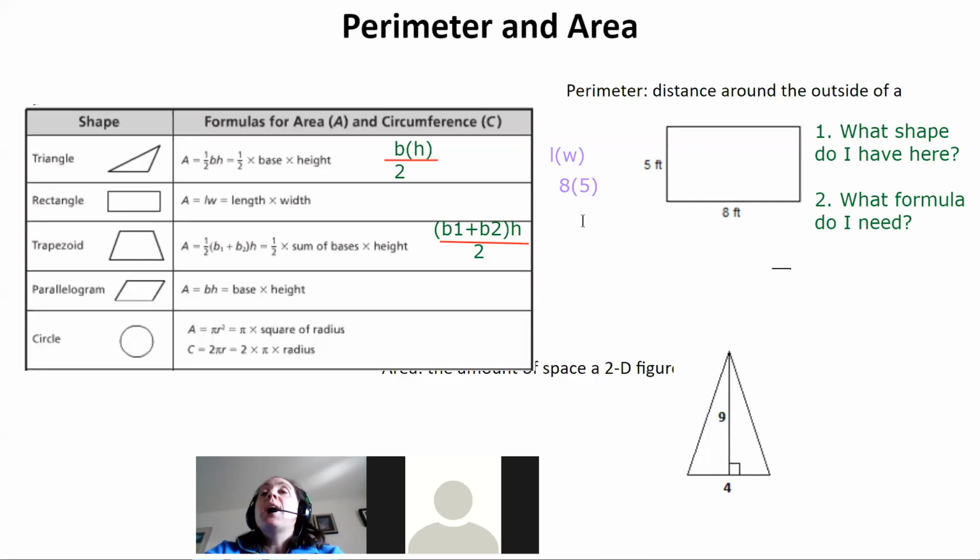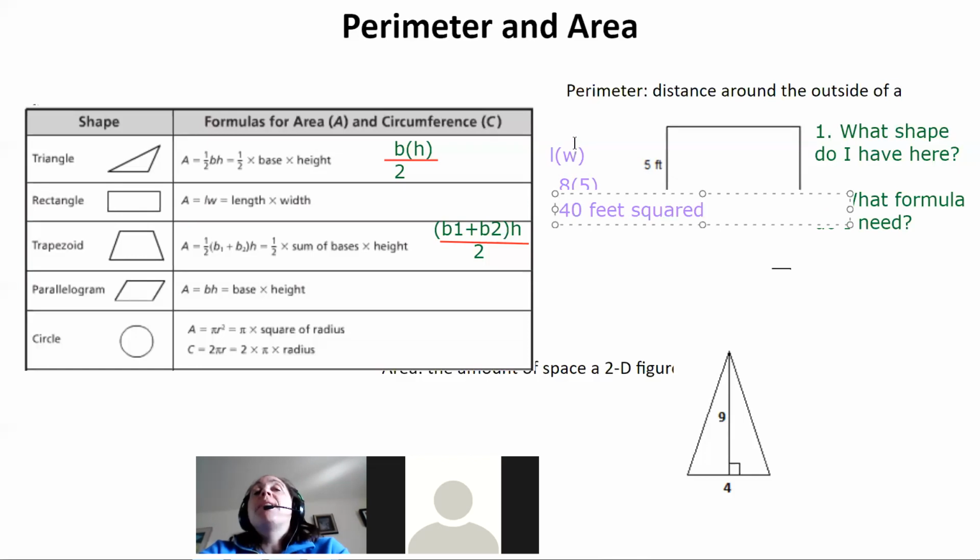40, that's right. And how am I going to label that? What do we have to do every time we have area with our units? You can spell it out if it's too hard to type it that way.